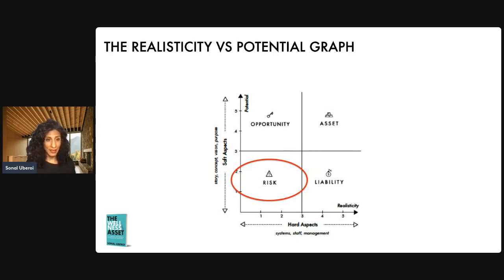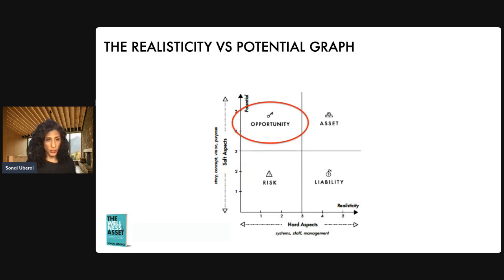They lack the necessary hard attributes, that is systems, staff, training, and operational know-how, and the soft attributes, the purpose, vision, and mission, to be successful. Your concept is a risk if you have neither the soft aspects, your who, your what, your why, nor the hard aspects, the how.